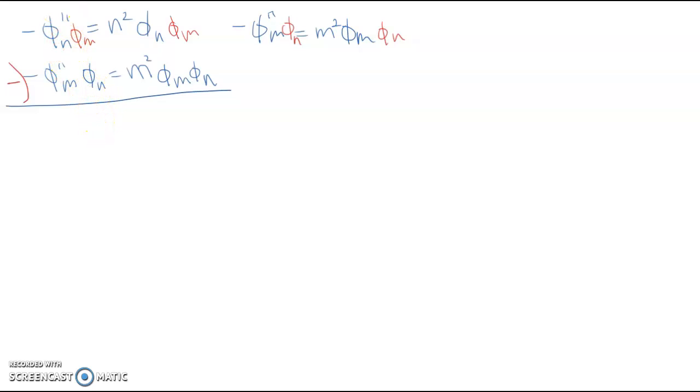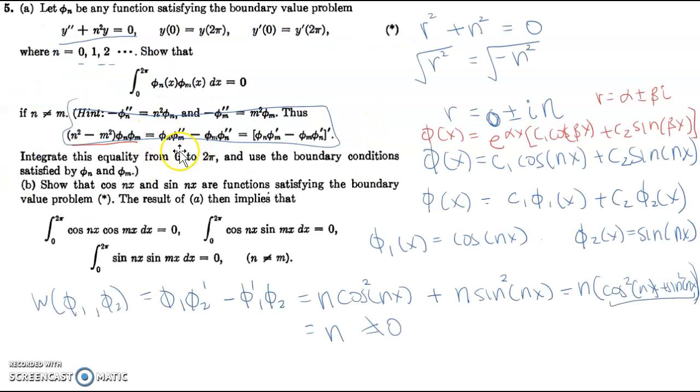Okay, so on the left hand side I have phi m double prime phi n minus phi n double prime phi m, and this equals n squared minus m squared times phi n phi m. All right, so this is getting similar to what we're given.